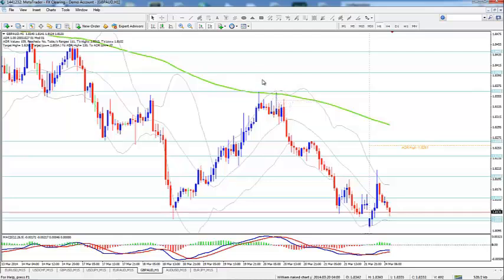If it leaves the Bollinger Band, it will come back into the Bollinger Band. Okay? So this left the Bollinger Band and comes back into the Bollinger Band. It is just a great, great tool to use in your trading, and it tells you when you want to be in the market and when you don't want to be in the market.